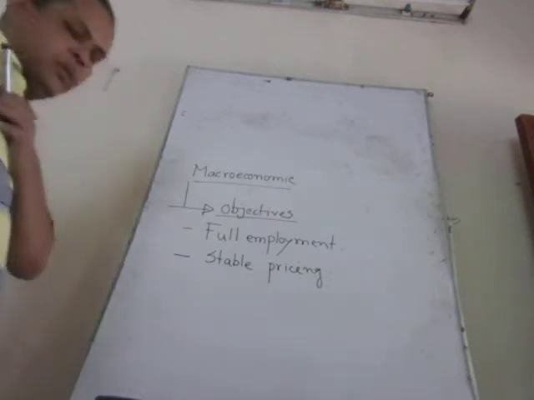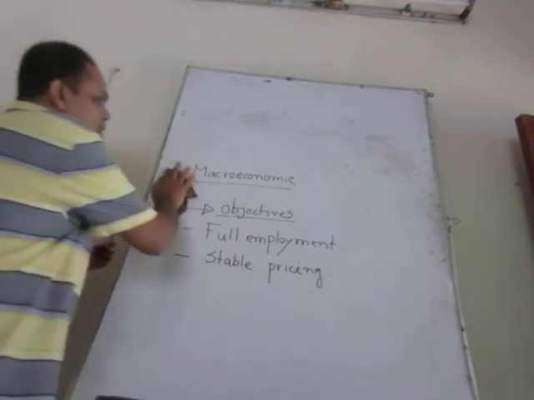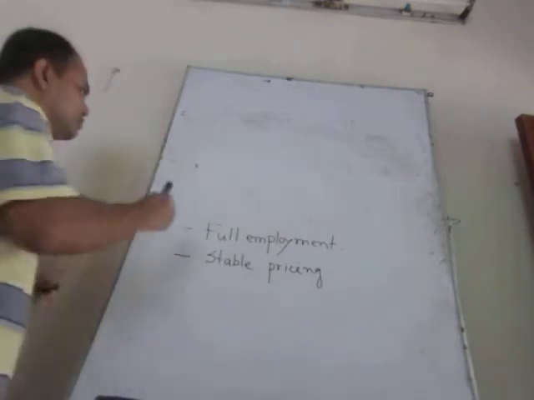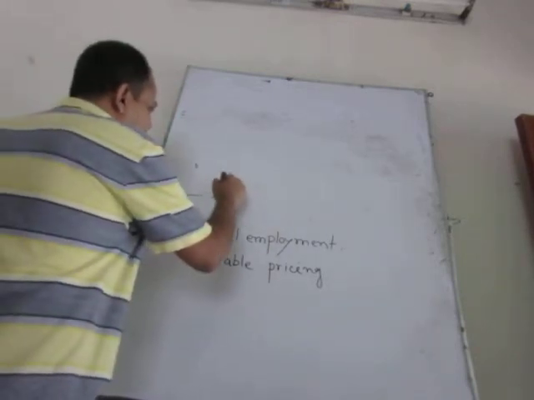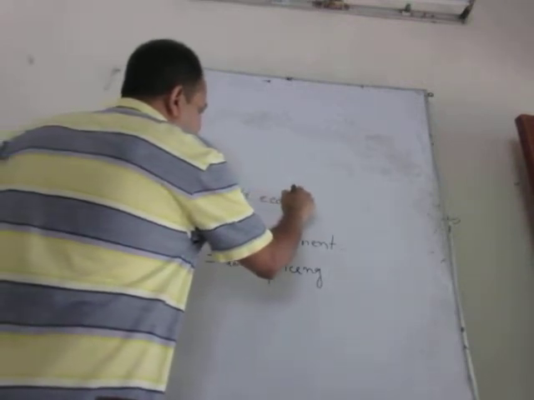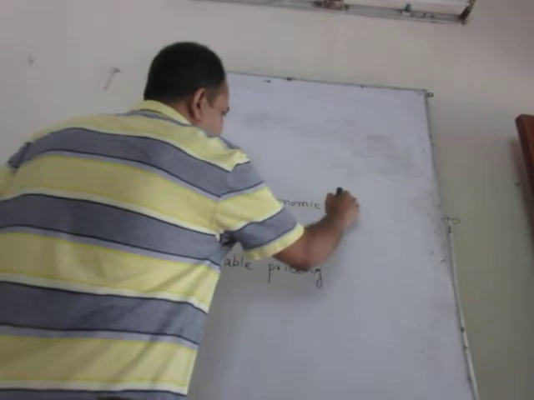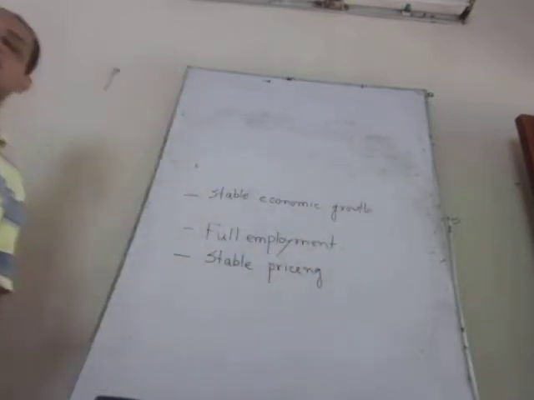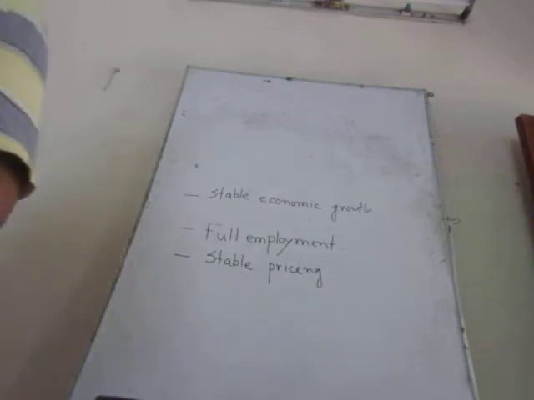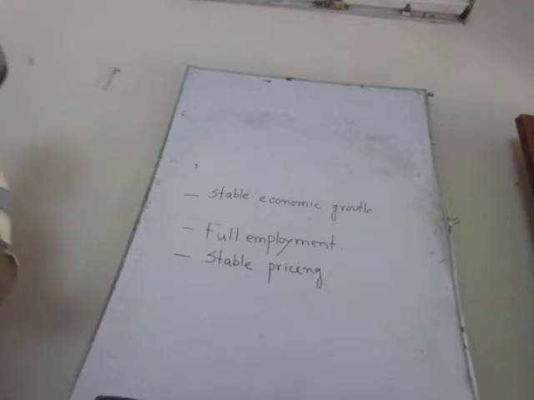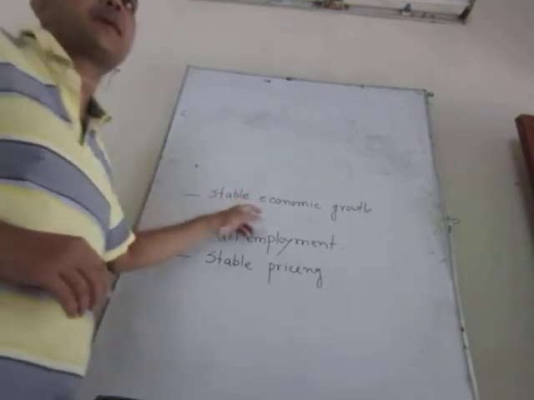Stability. Then, stable economic growth. Government need to make some decision, or government need to deal with this part of economics, macroeconomics as well.